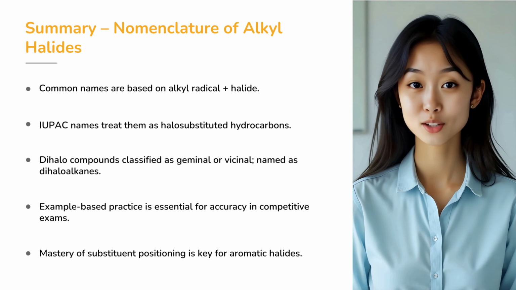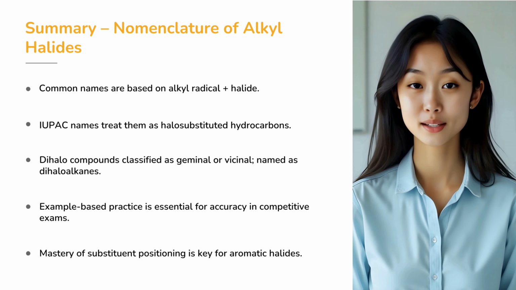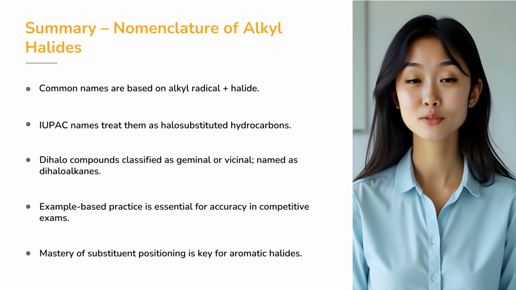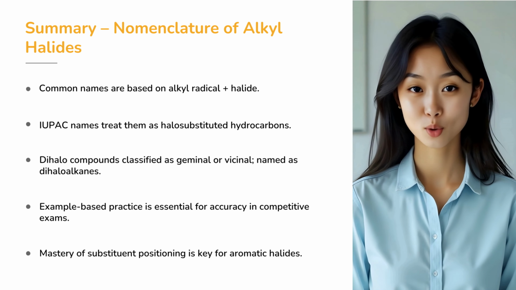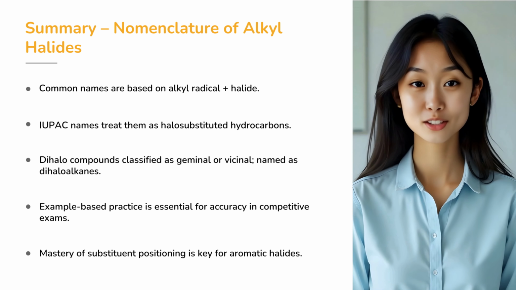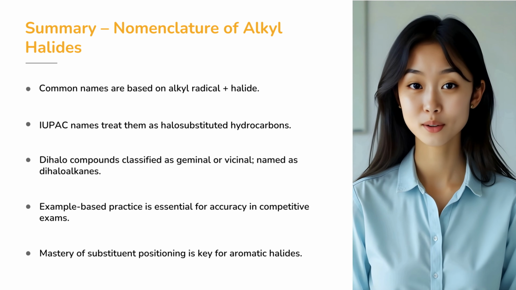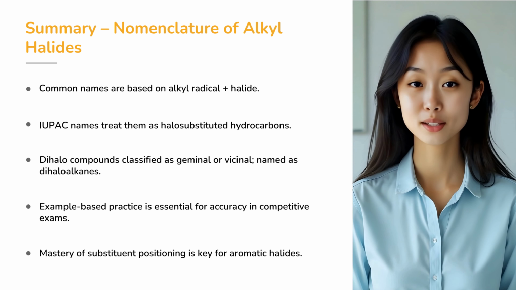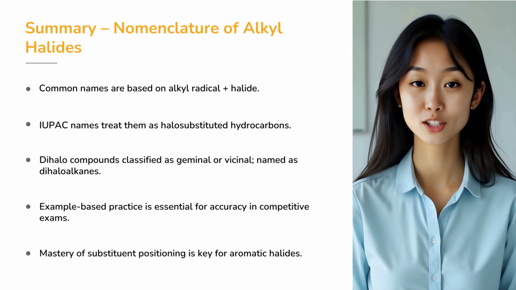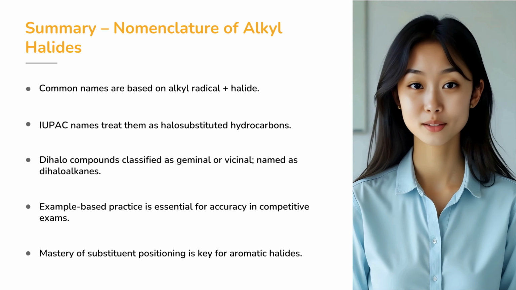Common names are based on alkyl radical plus halide, like ethyl chloride. IUPAC names treat them as halo-substituted hydrocarbons, like chloroethane. Dihalogen derivatives are either geminal or vicinal, and in IUPAC both are named as dihaloalkanes. We also looked at textbook examples like chloroform, vinyl chloride, and carbon tetrachloride, all of which have systematic IUPAC names.